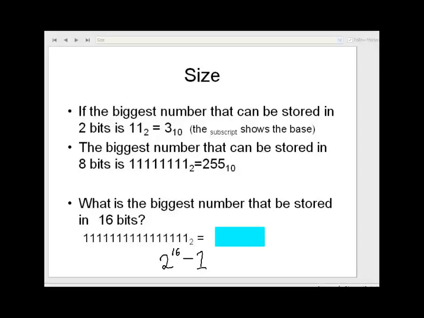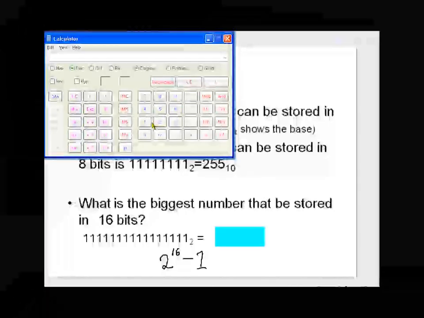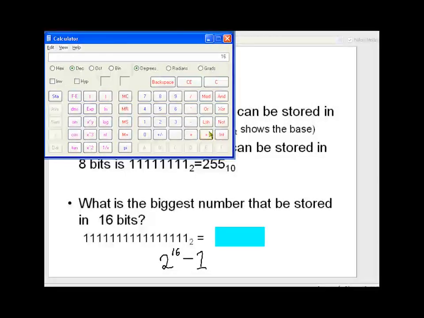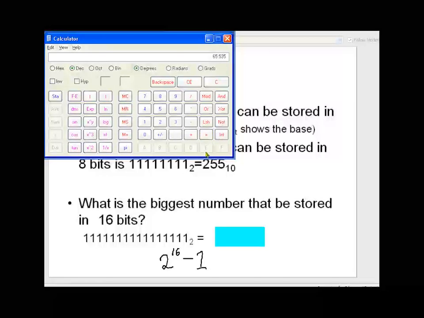Okay, let's just check that. 2 to the power of 16 minus 1.